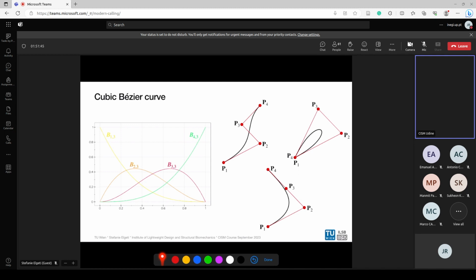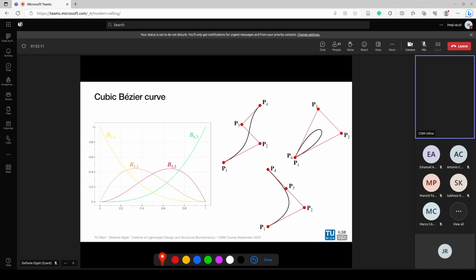And here on the right, you see some examples of what curves look like depending on how we arrange the control points. And notice if we plot the basis functions, that the first one takes on the value of 1 at psi is equal to 0. And it's 0 at psi is equal to 1, just like the orange one and the red one.